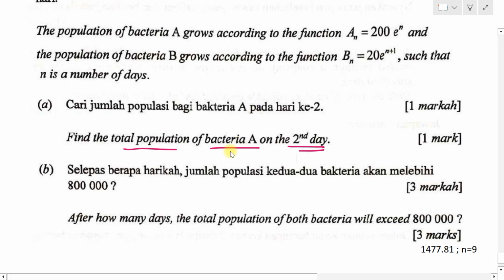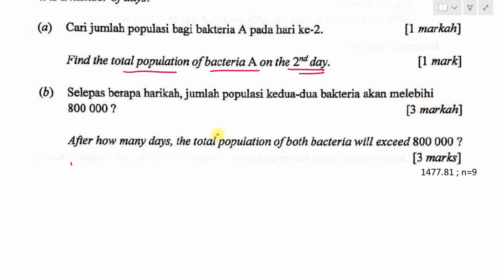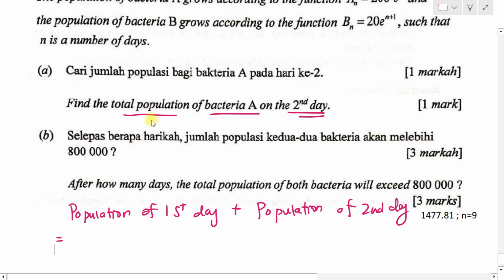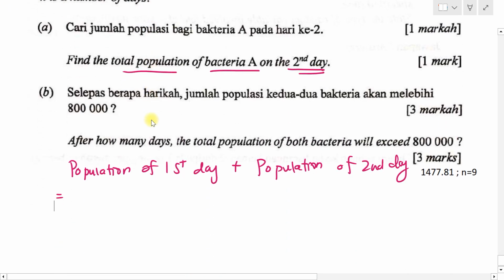They ask for total population. So that means population of first day plus the population of second day. Okay, so population of first day is for bacteria A, so 200 e to the power n. The n will become e power 1.